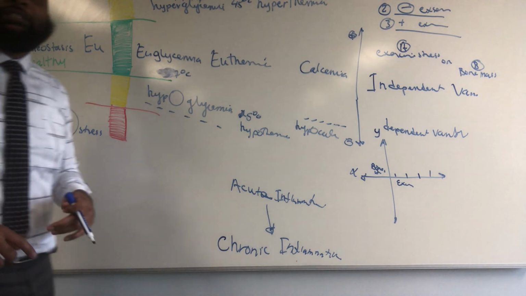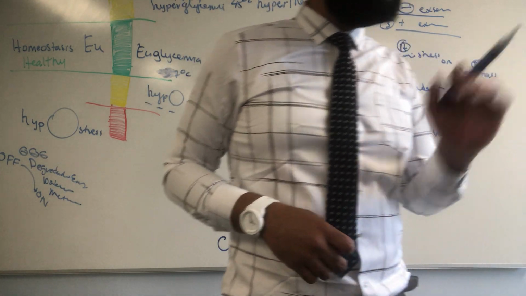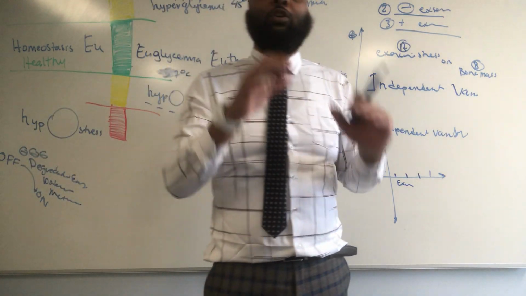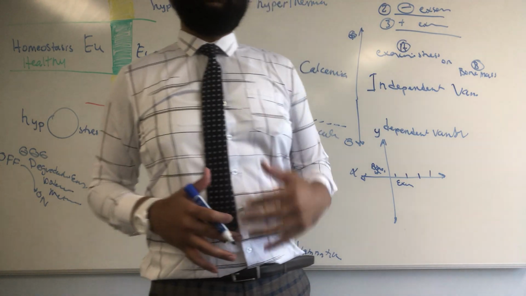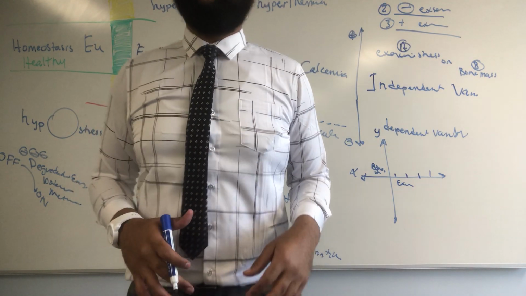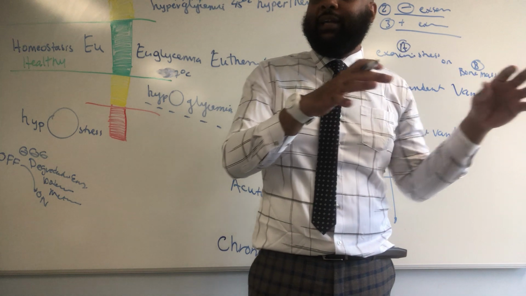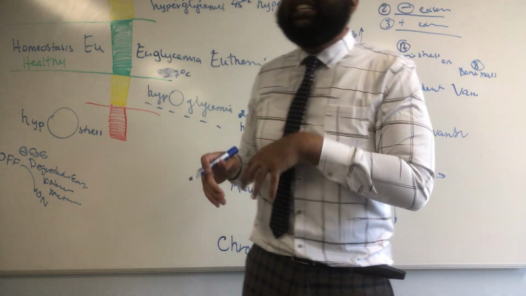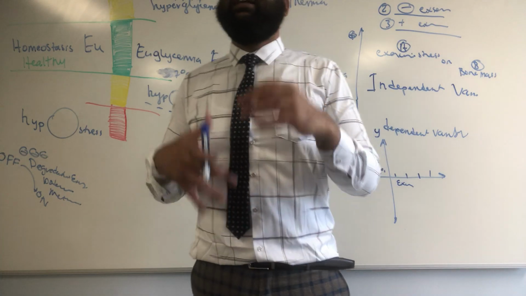There's a very dangerous disease known as acute pancreatitis. What happens is, in people who drink, the alcohol in the body is going to be converted into reactive oxidative species, and the liver is going to damage the body.